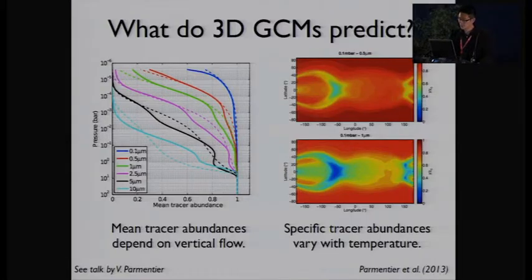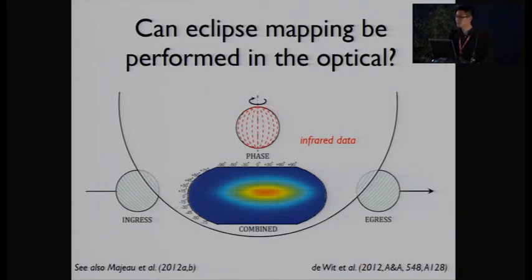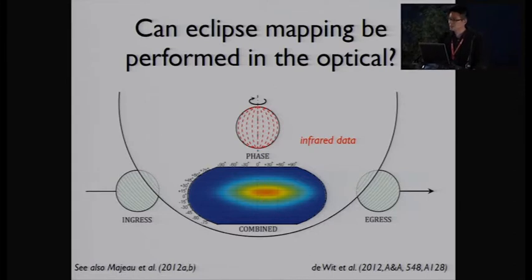So now, related to 3D GCMs, let's go into a topic that's a little bit more controversial. And this would be the measurement of 2D maps using a technique called eclipse mapping. It's controversial because, well, let's talk about conceptually what it is first before I say why.